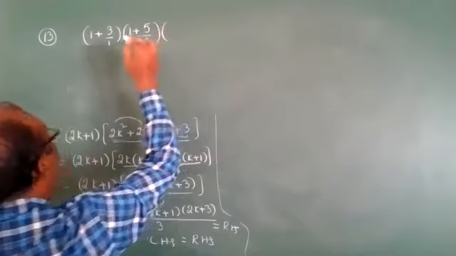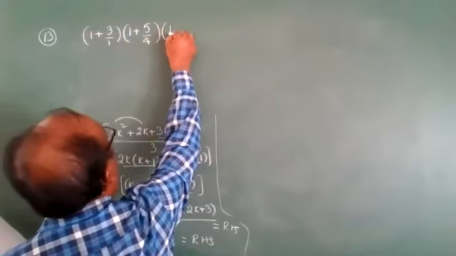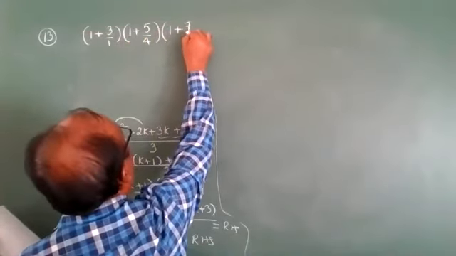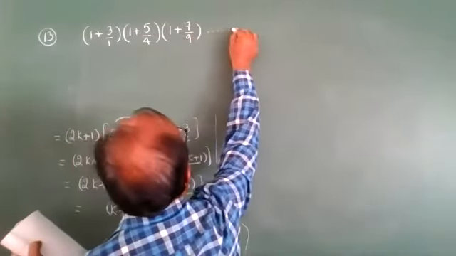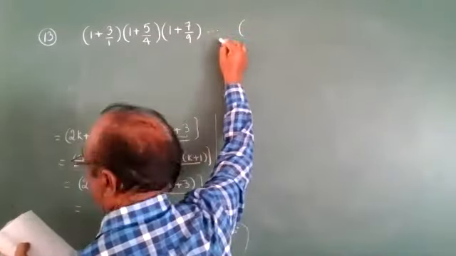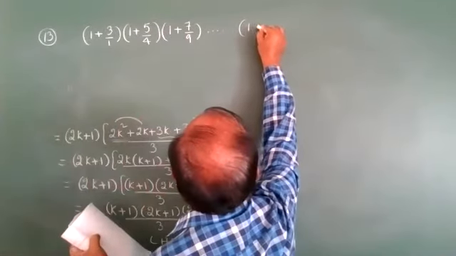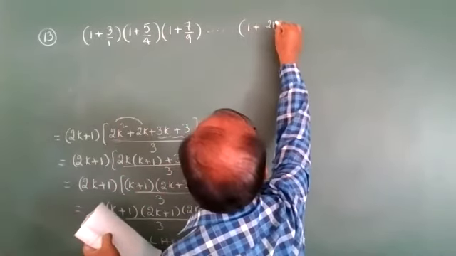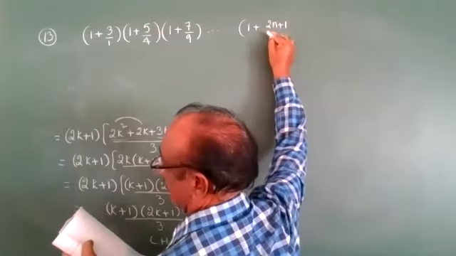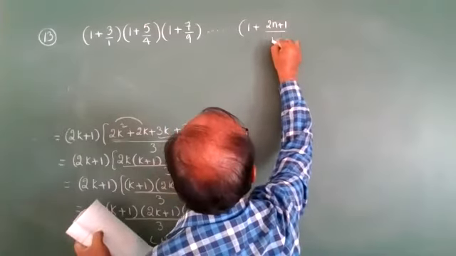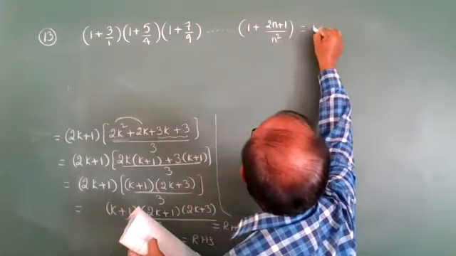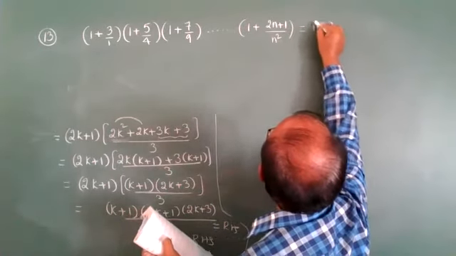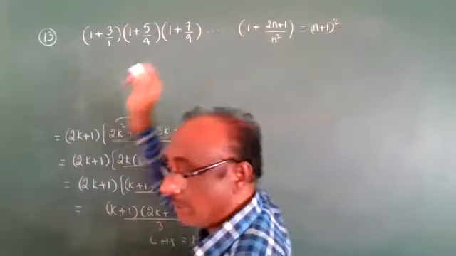The third bracket, also multiplication, is 1 plus 7 by 9. Dotted, these type of brackets. The last bracket is 1 plus (2n plus 1) by n square. The right side answer is (n plus 1) whole square.